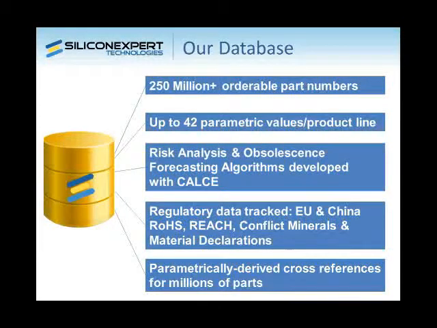We also look at risk analysis information and obsolescence information in order to create algorithms. Those algorithms are generated with the help of University of Maryland's CALCE department. And we'll go into some of the factors that are considered in our risk analysis algorithm later on in the presentation.